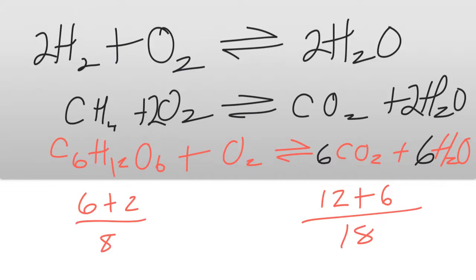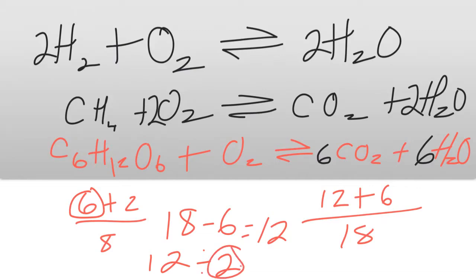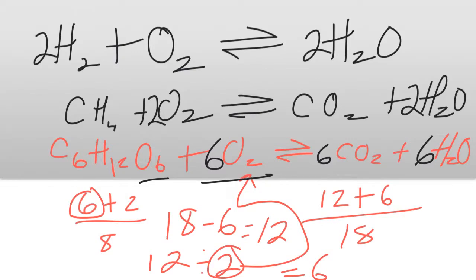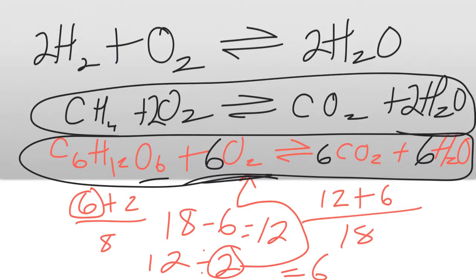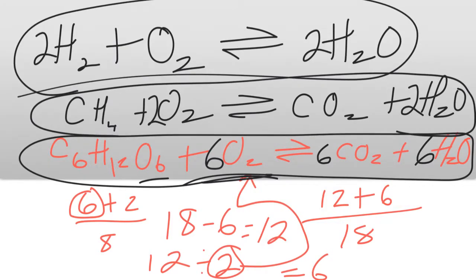And I can do this little calculation and do 18 minus 6, and I get the 6 from there, because I don't want to change the carbons and I don't want to change the hydrogens. I get 12. 12 divided by 2, which comes from that 2 right there, is equal to 6. So if I put a 6 in front, I've got 12 oxygens plus 6 is 18, and we already had 18. And so here you go. This is a carbohydrate combusting, this is a hydrocarbon combusting, and then this is just hydrogen combusting.